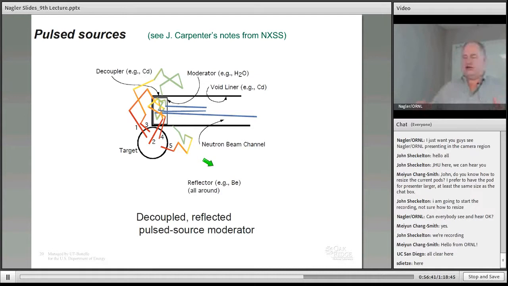So typically I have a source here, which is the target that emits this spallation spectrum, and then nearby I'll have a moderator. That moderator tends to be a lot smaller than a moderator at a reactor, which might be a fairly big volume of water.